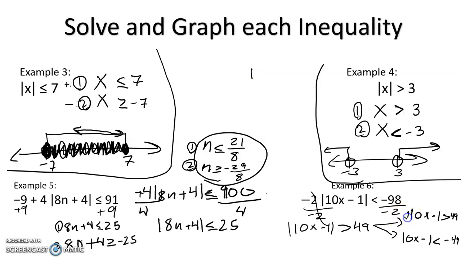For the first inequality, you're going to get x is greater than 5. Again, you're just adding the 1, dividing by 10. And then for the second one, you're going to get x is less than negative 48 over 10, which you can simplify down to x is less than negative 24 over 5.